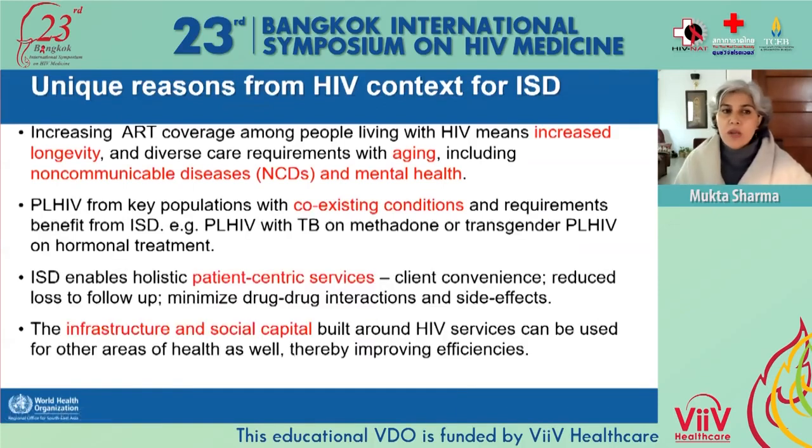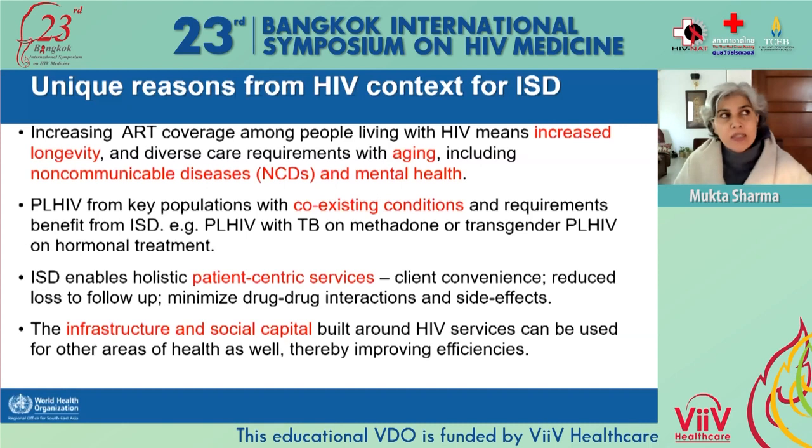What are some of the unique reasons for considering integrated service delivery in the context of HIV? I think one of the most important things is that with the increasing coverage of ART amongst people living with HIV, we've got so much increase in longevity. People are living longer and longer. And mostly what we're seeing is our population of people living with HIV who are on ART are aging.